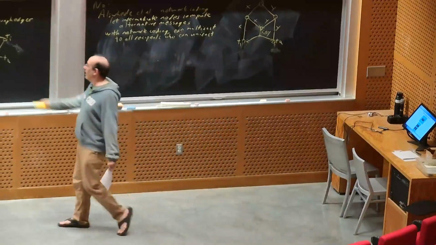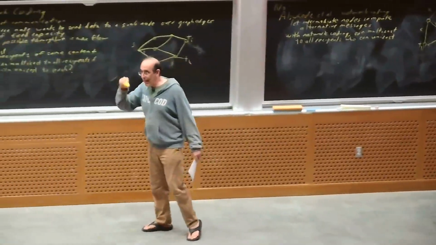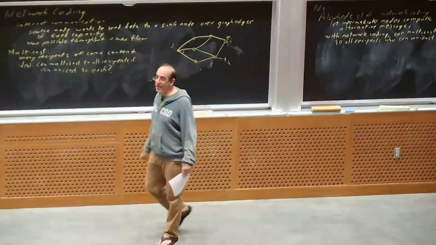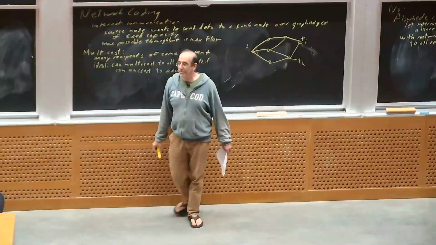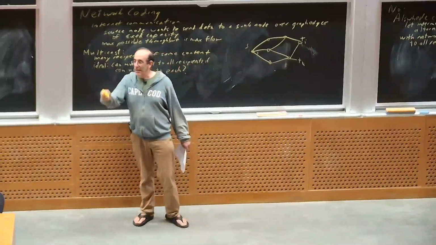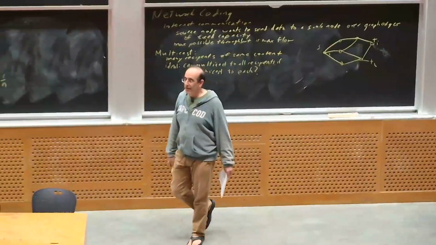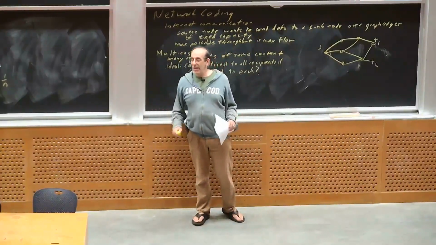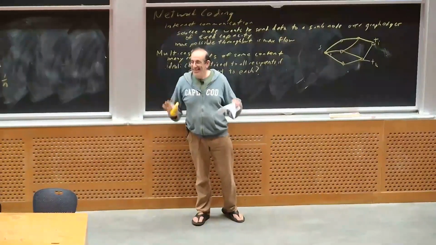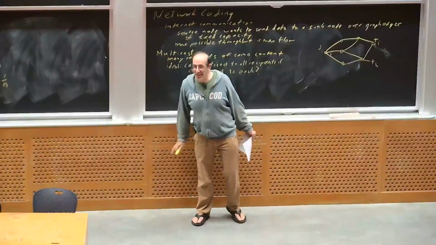So the max flow min cut condition by recipient is both necessary and sufficient if you do network coding. Yes? That's the question. What Ahlswede proved is that there are functions that work. Okay?